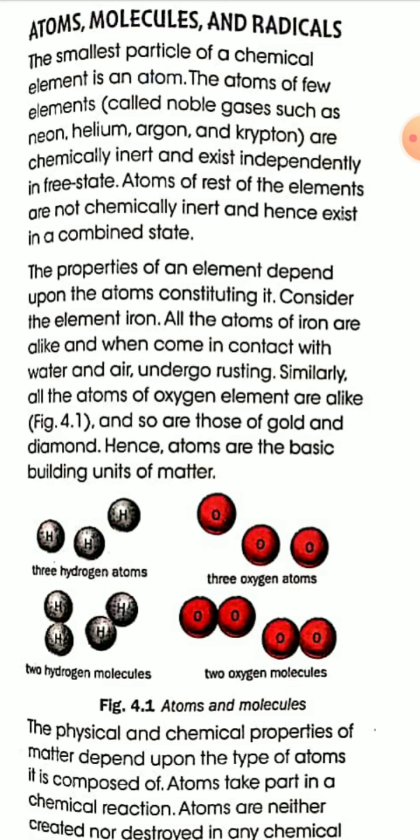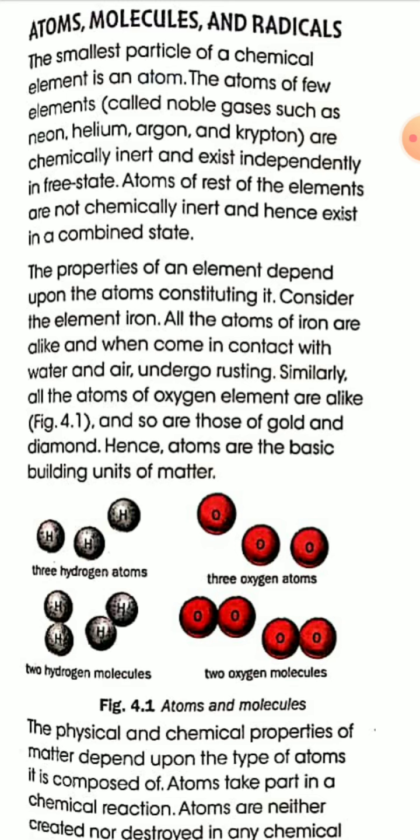So, what is an atom? Atom is the smallest particle of an element. And in the previous chapter, you have already studied that elements are of four types: metals, non-metals, metalloids, and inert gases or noble gases.